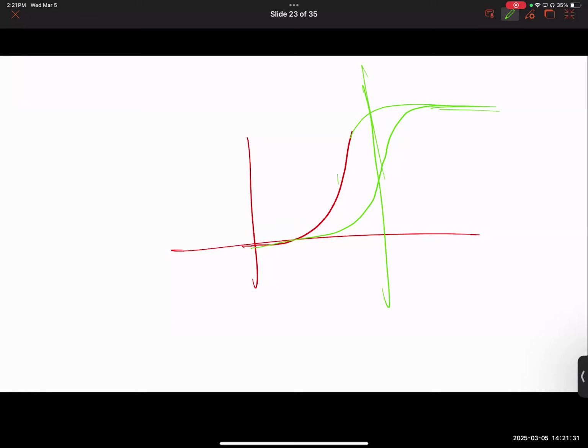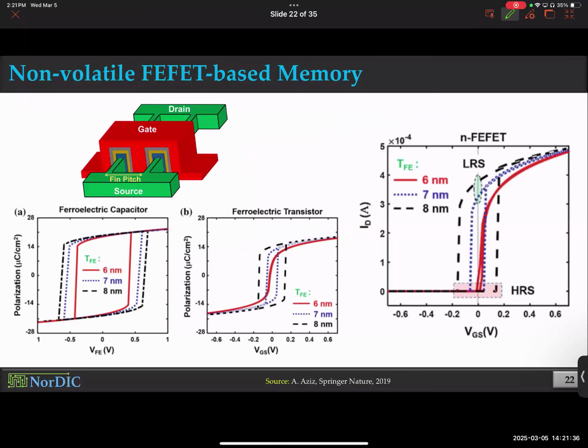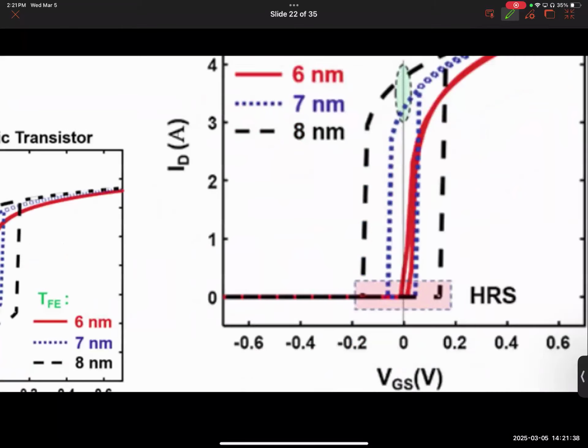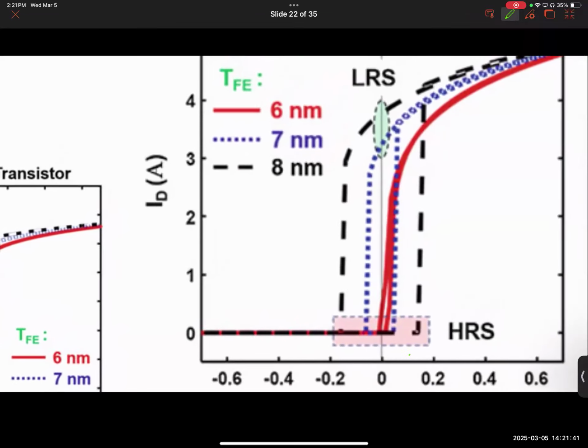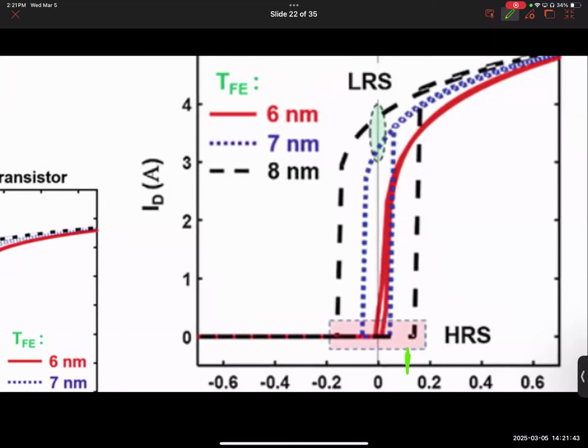You are only dealing with this region where you have a difference in current, okay? So basically, let me zoom in again. If you select a voltage like 0.1 volt here, for that voltage, you get really low current for one situation, and you get really high current for the opposite kind of polarization. Does that make sense to you guys or no? Okay, so do you think the black one is better or the blue one is better?